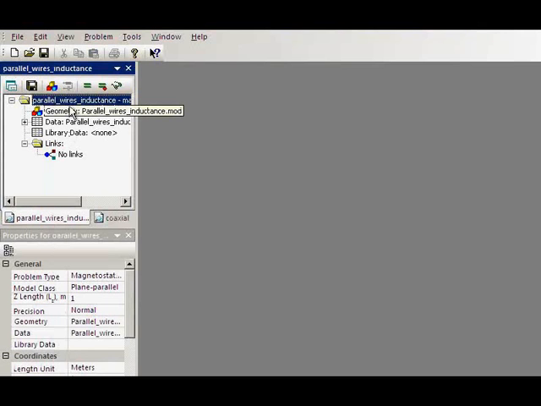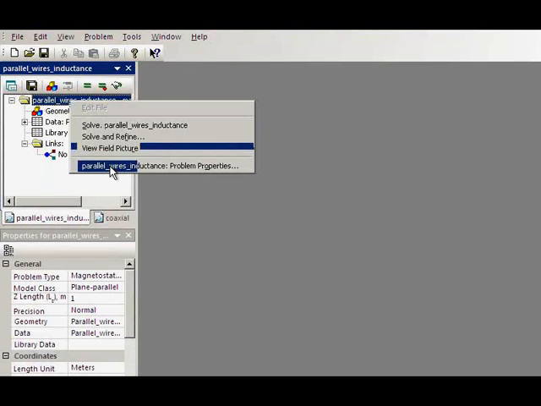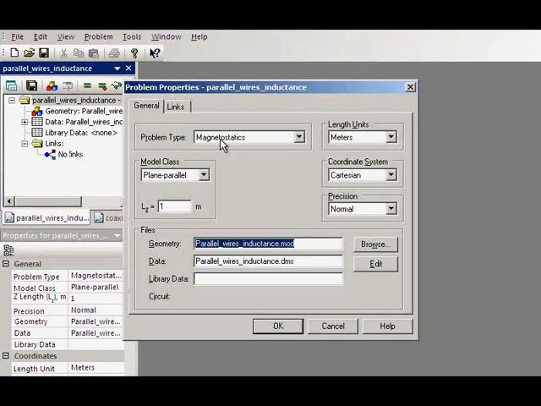I have the problem ready. The problem type is magnetostatics. The model class is plane parallel.